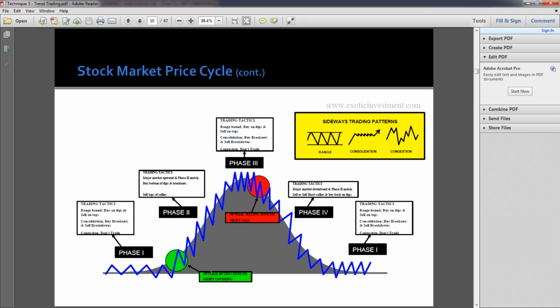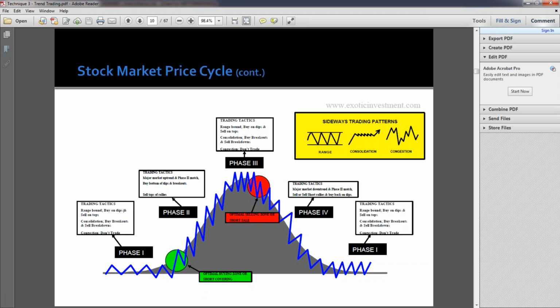So it has entered phase 2 where it is trending higher. When considering the trend, it has to make higher highs and higher lows.